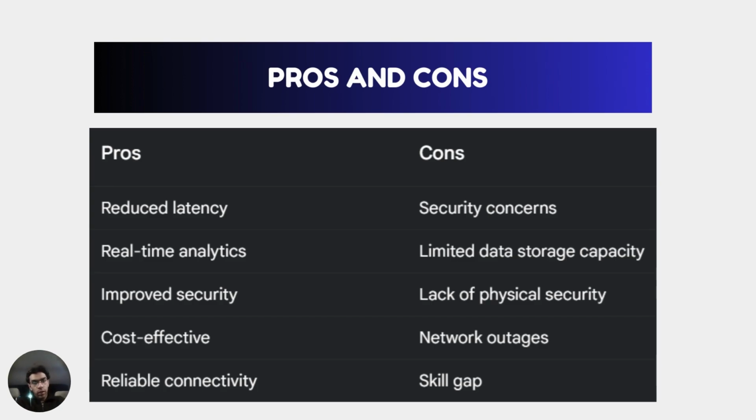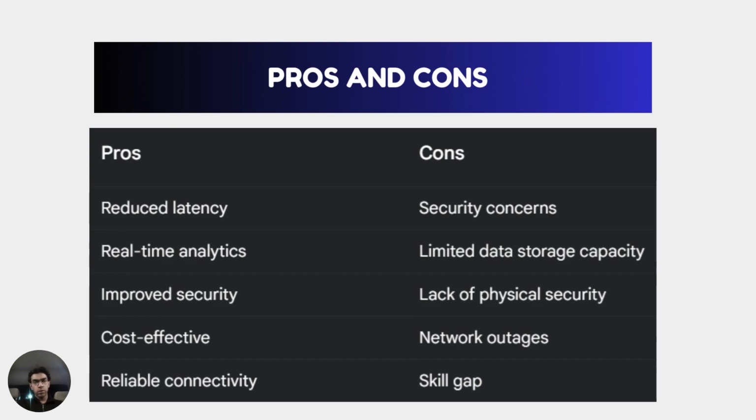The pros, for that era, were a huge reduced latency, real-time analytics could be measured, there was improved security compared to 2G networks, it was cost effective, and the connectivity was much more reliable than previously used technology like GPRS.